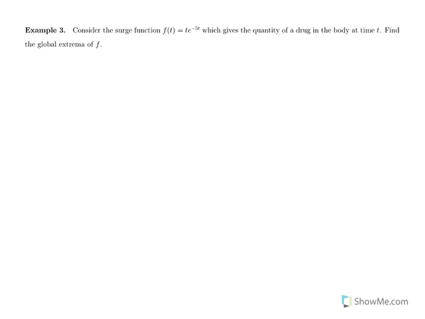So in this problem, note that this function has a domain negative infinity to infinity. However, in the problem, t is time, which means that it has to be positive.